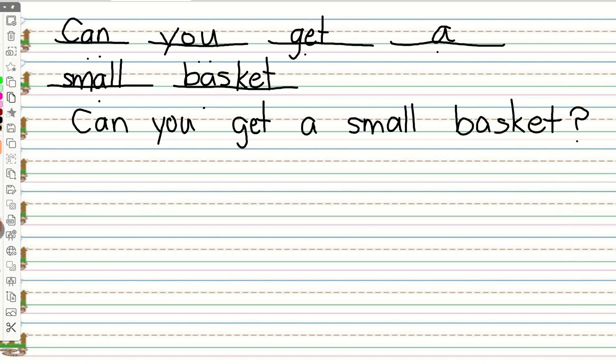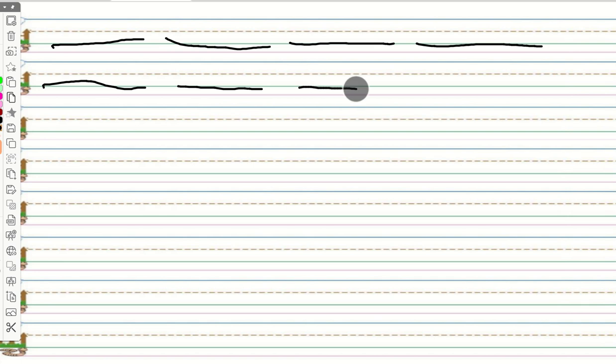All right. The next sentence is, Ben rides with a helmet to be safe. Let's try that. Ben rides with a helmet. Ooh, I'm messy today. To be safe. All right, let's try Ben. Ben rides.